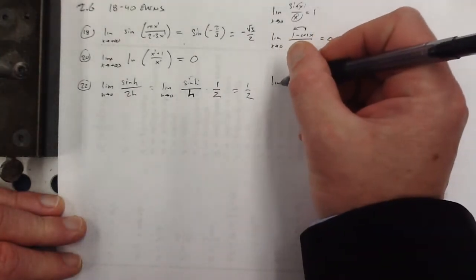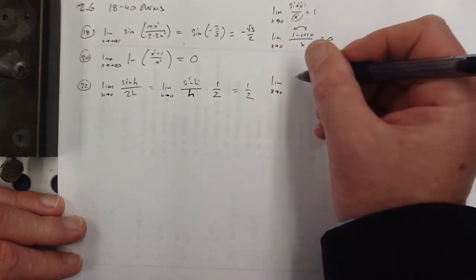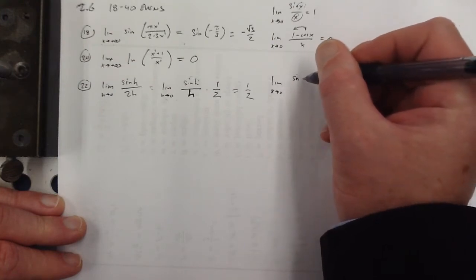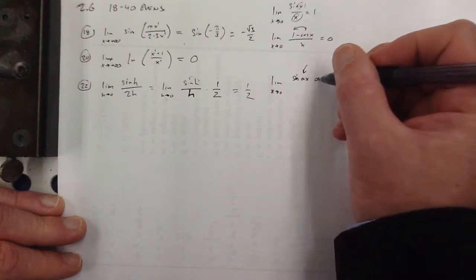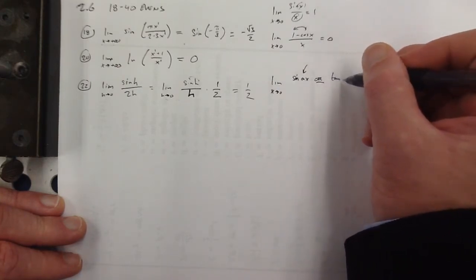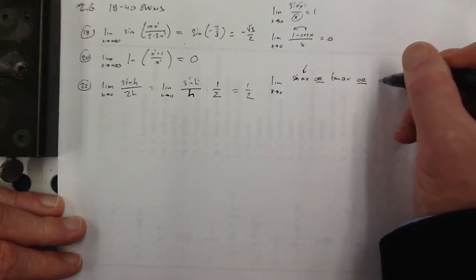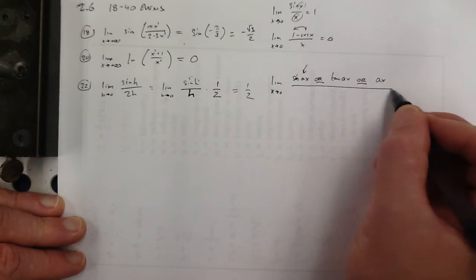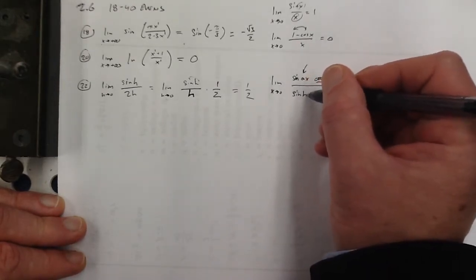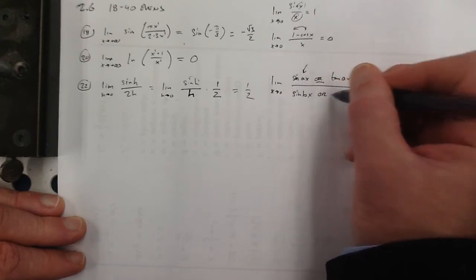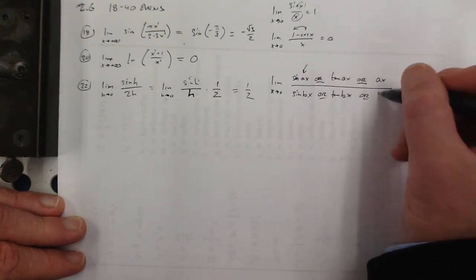If you've got the limit as x approaches 0 of sine of ax, in other words, there could be a number here, sine of ax, or tangent of ax, or just regular ax, over the sine of some other number, bx, or tangent of bx, or just bx.